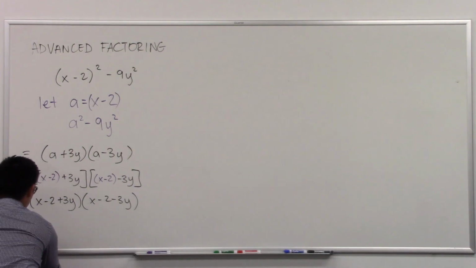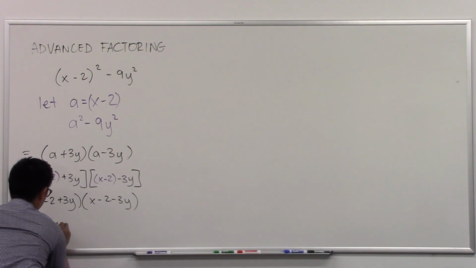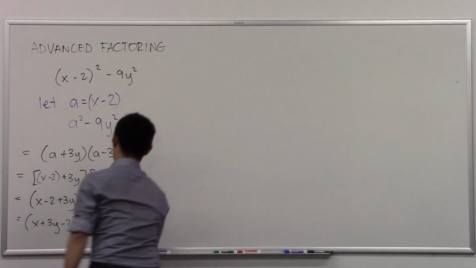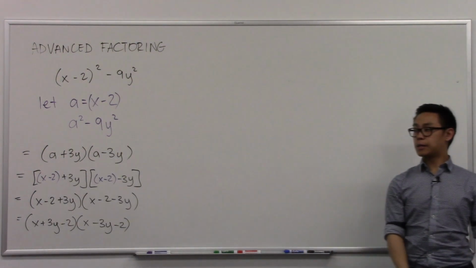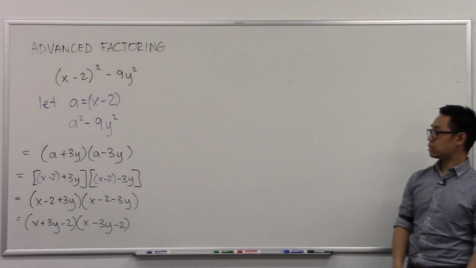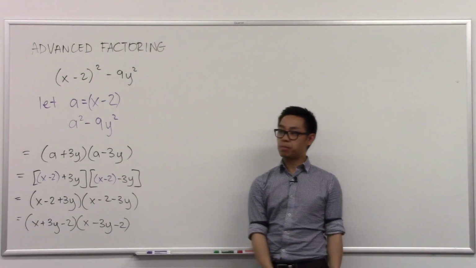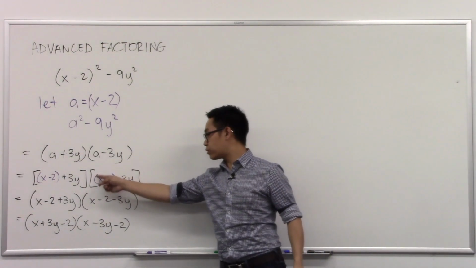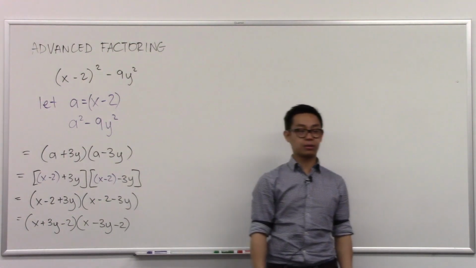But then I prefer this in descending order within each bracket. So you get this. A little bit cleaner. Because it was a 1 in front, it's basically like the bracket isn't there.